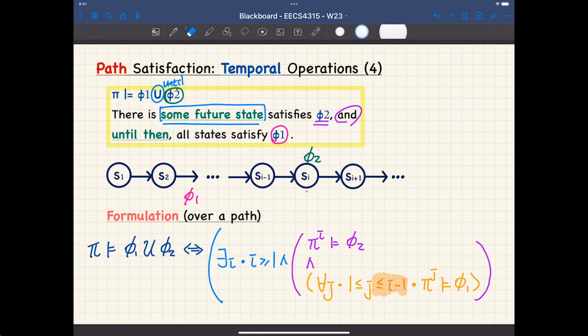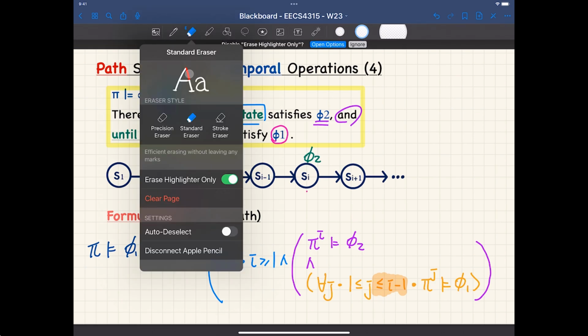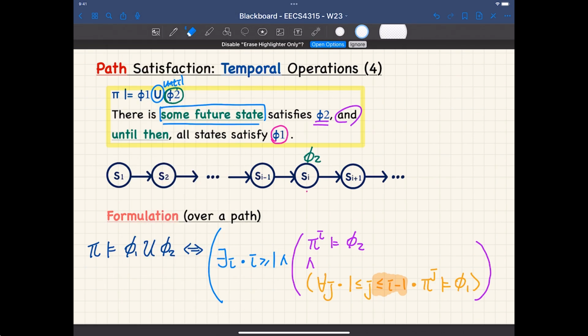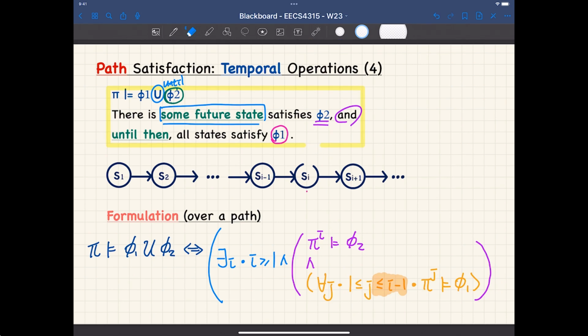The correct way to do it would be, first of all, we got phi 2, and that should be satisfied at i. There's got to be some future state i. Let's say it's exactly here. So this is where phi 2 is actually satisfied.